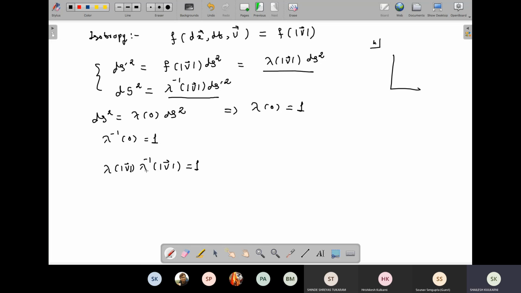This is how we define the inverse function. But what would this inverse function be? We have the k frame here and we have the k prime frame here.